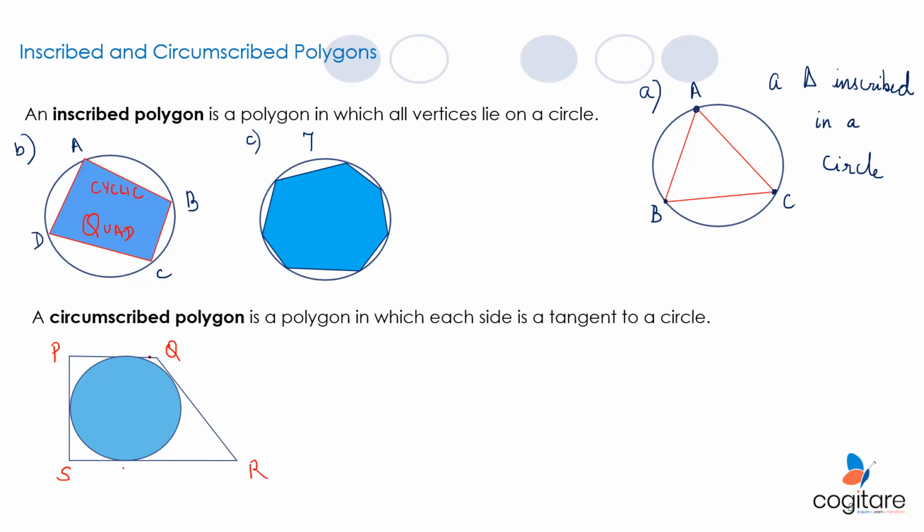So if you look at PQ, PQ is a tangent, QR is a tangent, SR is a tangent, and so is PS. And from here, you can actually look at a lot of the properties you learned as part of the tangents chapter, right? The tangents drawn from an external point are equal. So if I were to name this point as C, PC is equal to PD, QC is equal to QE, so on and so forth.